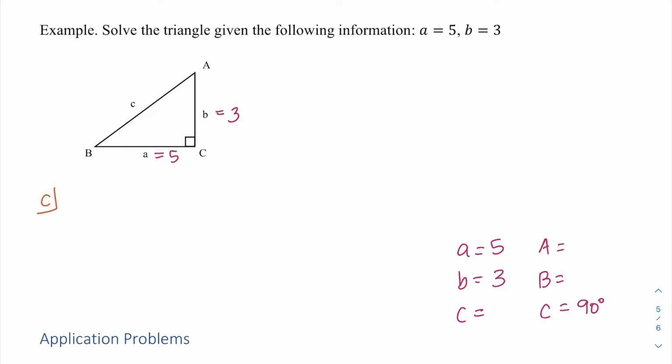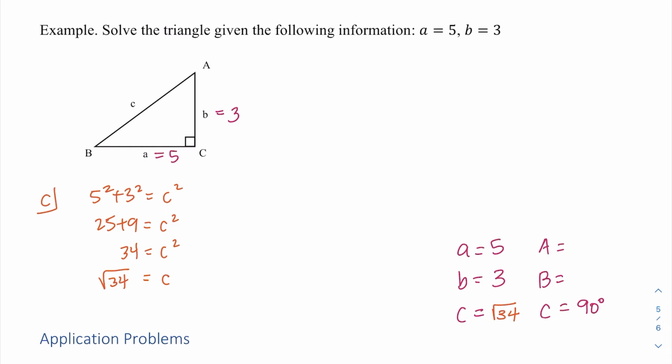So 5 squared plus 3 squared is c squared. That gives me 25 plus 9 is c squared. I have 34 equals c squared, and c equals the square root of 34. So c is the square root of 34, and I'm a third of the way done.